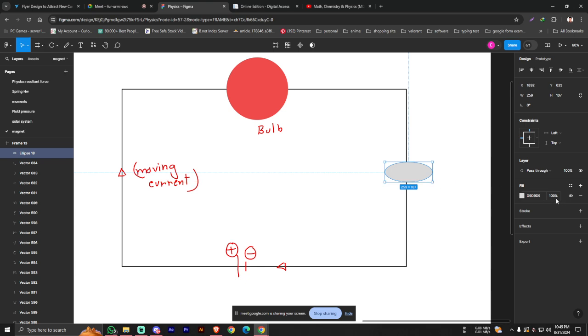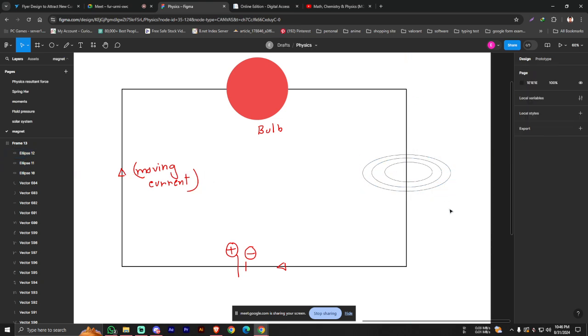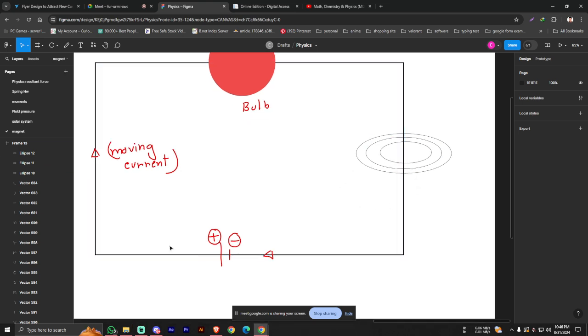So we can show the magnetic field lines something like this way. It has multiple lines, something like this is occurring, and it is happening at every point in the circuit where the current is moving.